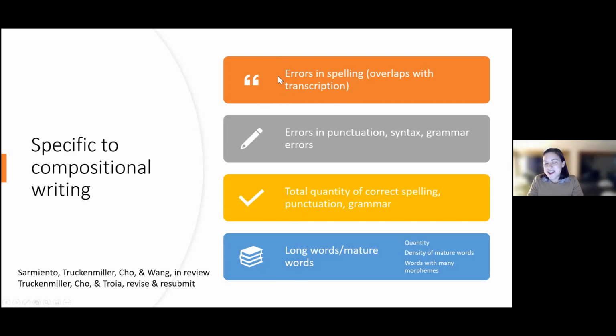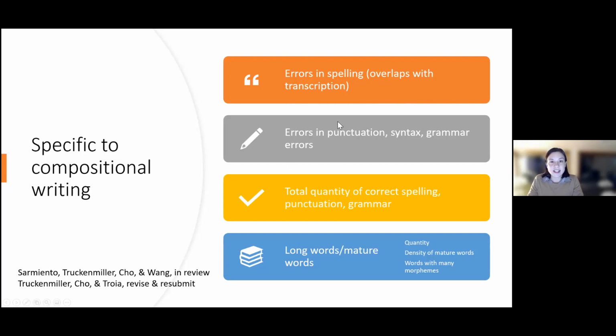This fits within the thinking about vocabulary, because when we're writing a vocabulary word, we're using our morphology to spell that word. So this overlaps into that thing that we're going to talk about next month, transcription, which is the spelling and handwriting keyboarding. But we do find that this is a useful thing to think about and predicts really well students' overall writing abilities as well.